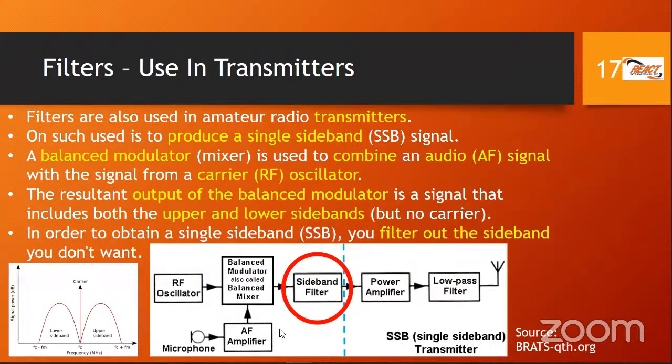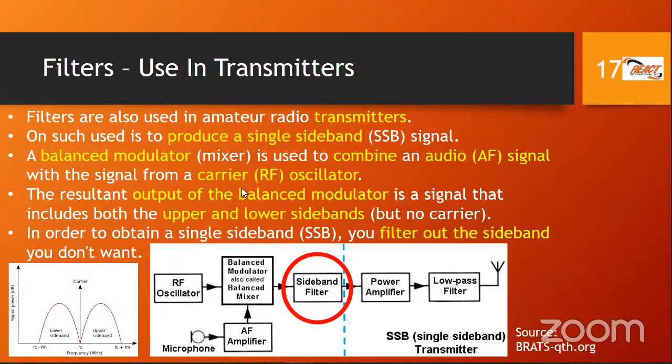Notice it says microphone here, AF amplifier, and so on. So this audio signal goes into the balanced modulator. The RF signal produced by the oscillator, or the carrier signal, also goes into the balanced modulator. That's why they say that the balanced modulator, also called a mixer, combines the audio frequency with the carrier or RF frequency. That's the purpose of the balanced modulator.